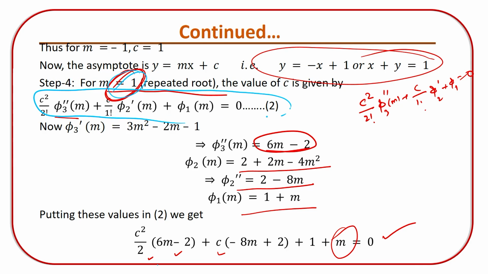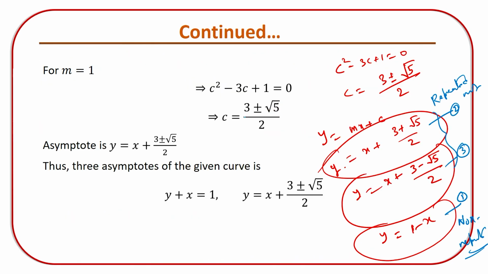Obtain all those and putting in the values, this will give me c equal to 2 terms, c equal to (3 plus minus root 5) by 2, and hence we will put back in y equal to mx plus c, with m equal to 1. So, y equal to x plus (3 plus root 5) by 2, and y equal to x plus (3 minus root 5) by 2, and y equal to 1 minus x. All these 3 are the required asymptotes we had for this curve.